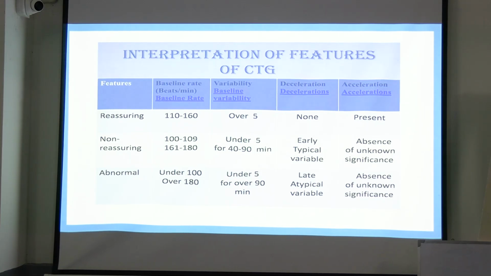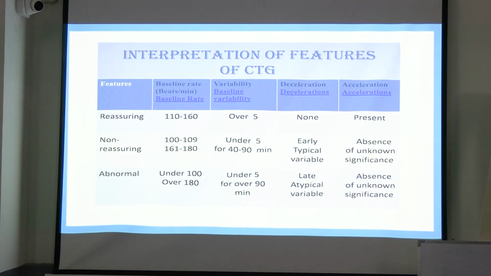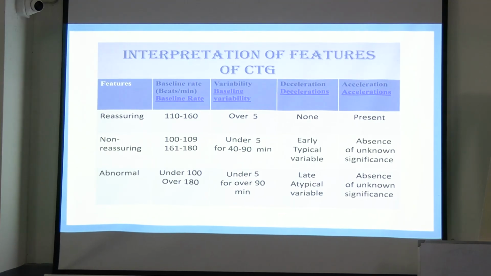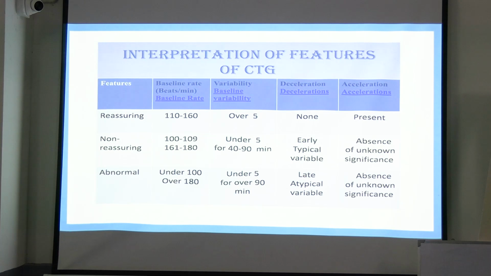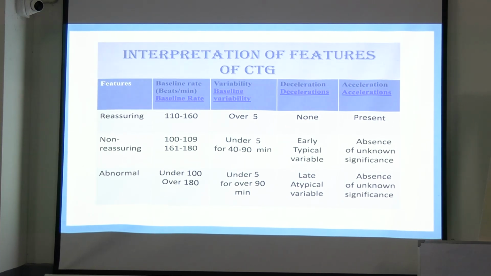Early or variable deceleration will be under non-reassuring. I will tell you the details of that. And abnormal, late or atypical variable deceleration will be in the abnormal. If accelerations are absent, that is of unknown significance. But if decelerations are present, like variable deceleration present for more time, then that will be important, and that comes under abnormal or non-reassuring.